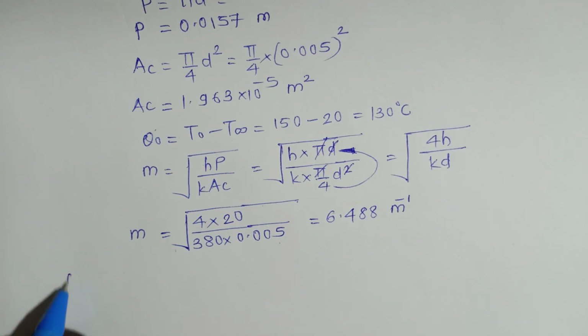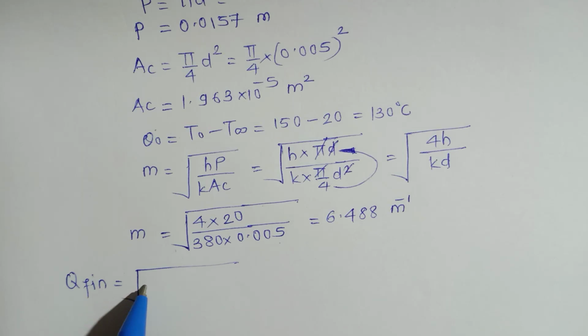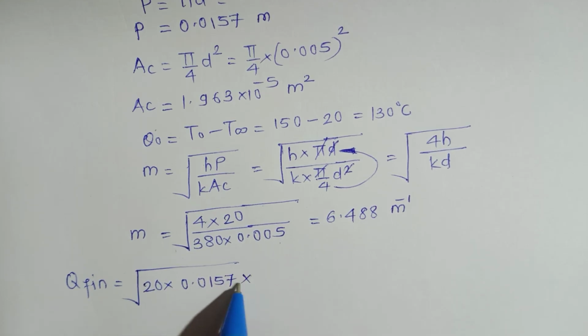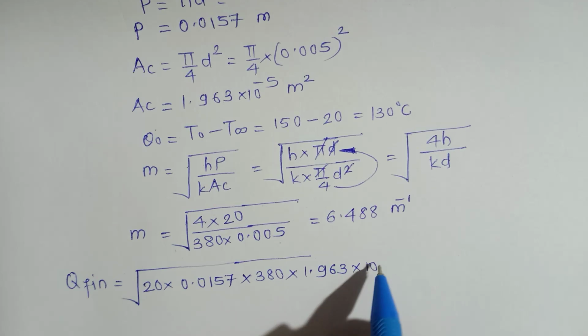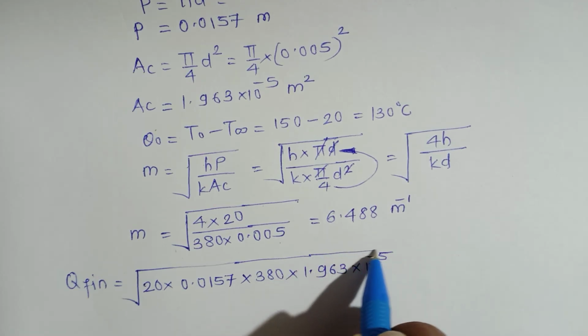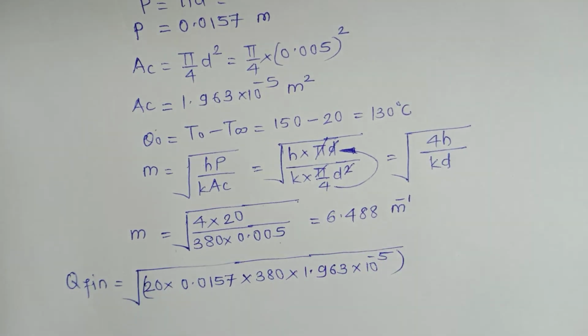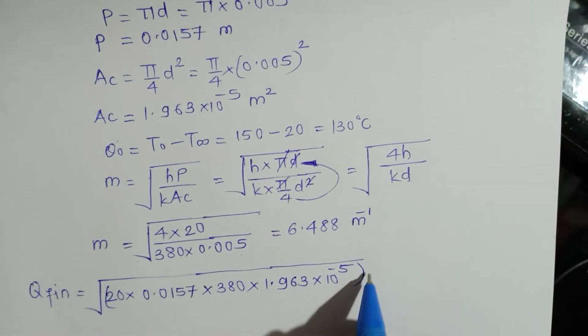So what we get over here, Q fin is equal to root of h. H is 20. Perimeter P is equal to 0.0157. K is 380. AC is 1.963 into 10 raised to minus 5, that's the term for the square root bracket, multiplied by theta 0 outside the square root, remember.